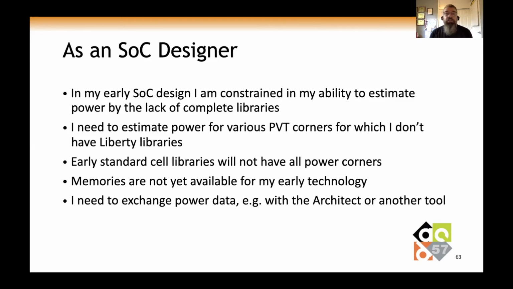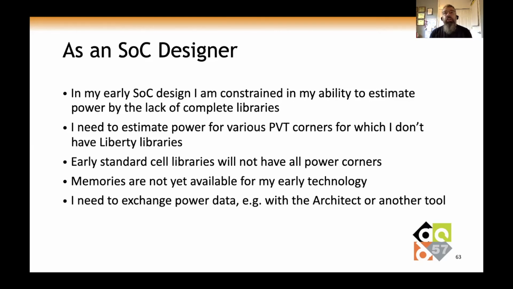For example, it's typical that standard cell libraries may be completed earlier, while memories, being more complex IPs, are not available yet. I would like to use libraries from previous technology and previous generation of the design to estimate my power.